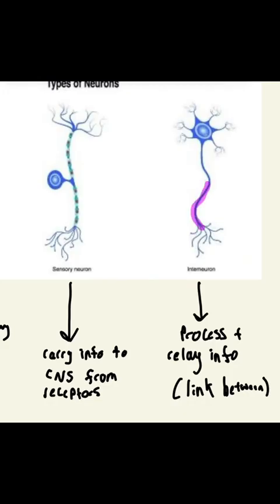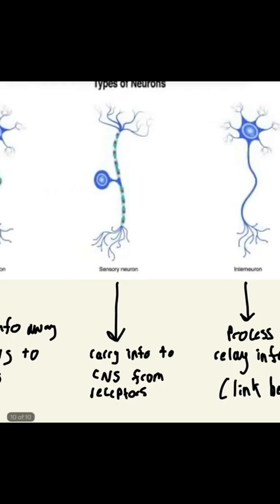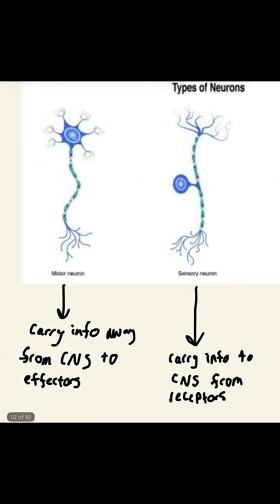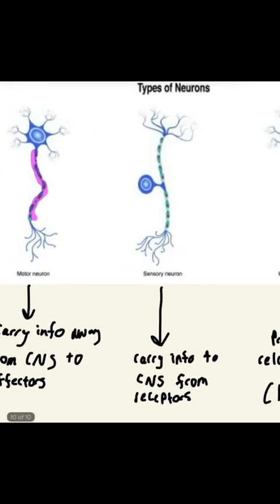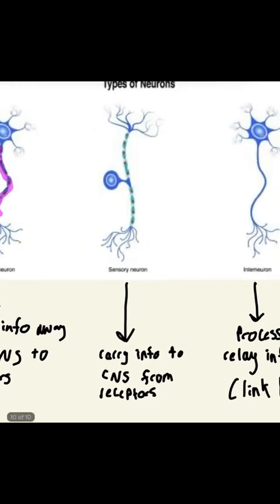Now, these interneurons, they will be firing within the spinal cord and within the brain to decide what to do. Once they have decided what to do, they will send the signal via the motor neuron, and the motor neuron will cause the effector, which will be a muscle, to take your hand away from the painful stimulus or the hot element. So that's how they sort of all link together.